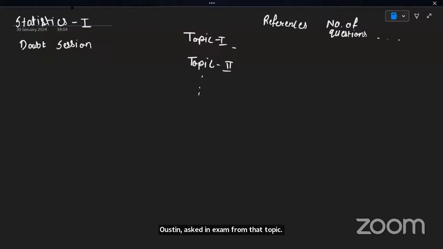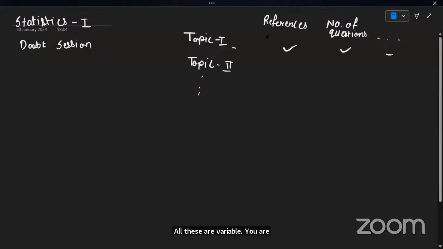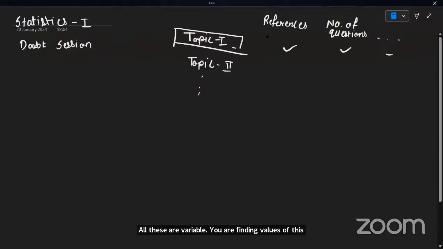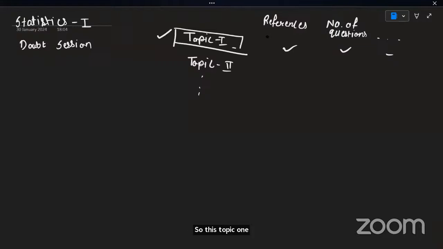You will collect some data regarding this topic one. Then these references, this number of questions, and all these are variables. You are finding values of these variables for this particular unit named topic one, right? So this topic one is your unit, and topic one, topic two, and so on are your cases.